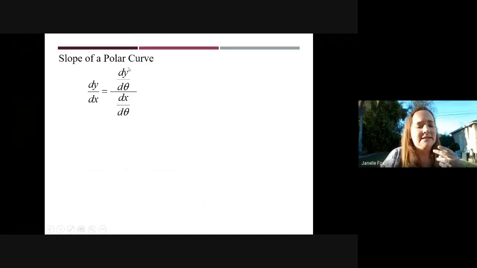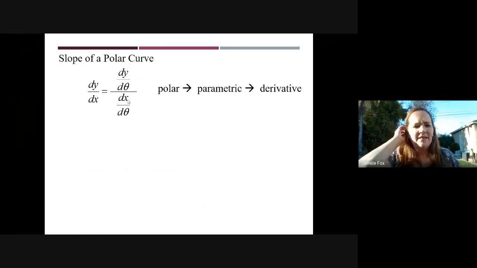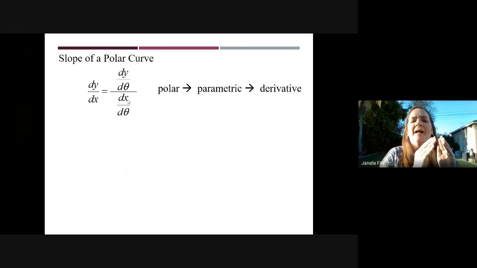We take dy d theta and put it over dx d theta. So the key is taking your polar equation, turning it into parametric, and then taking the derivative. And of course, your derivative is your slope.